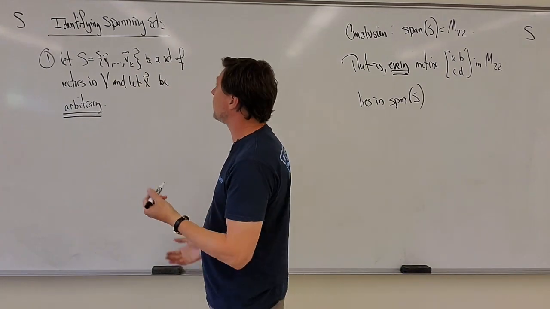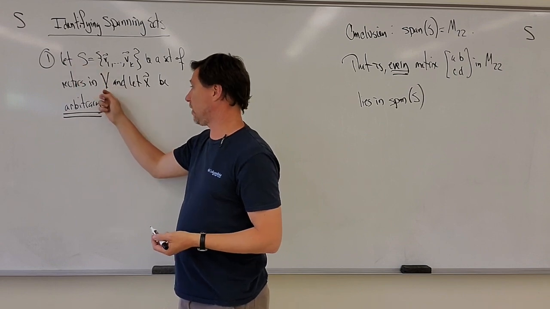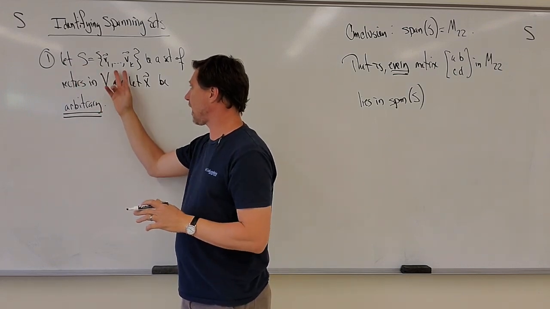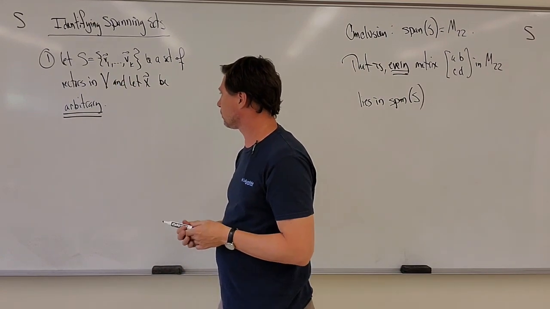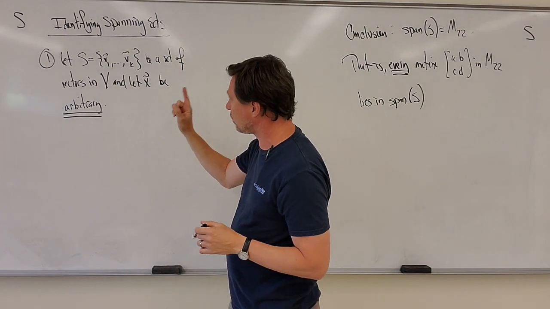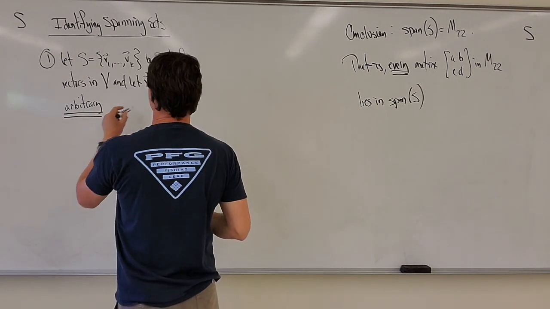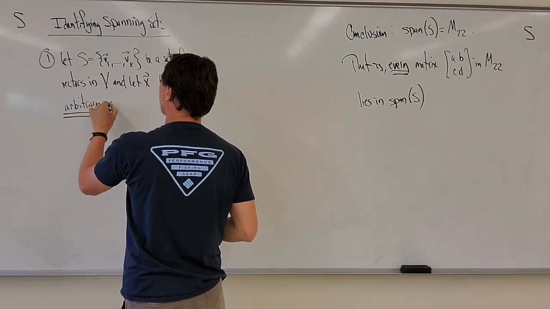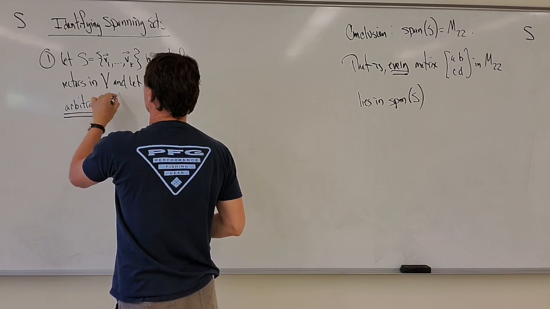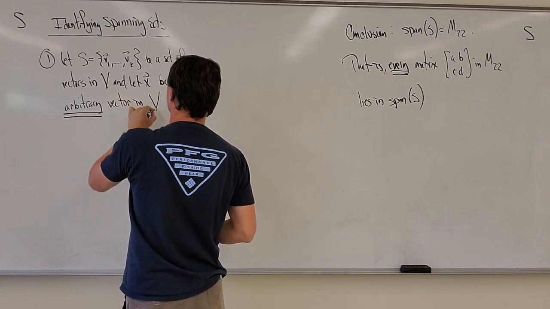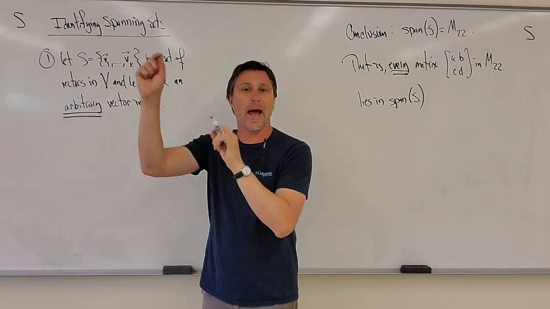The question is, do we have a spanning set? Is the span of S equal to V? To answer that, we've got our set that is our potential spanning set. And then what we want to do is choose an arbitrary vector in capital V. So when I say arbitrary, I mean I don't want to put some actual numbers in there.